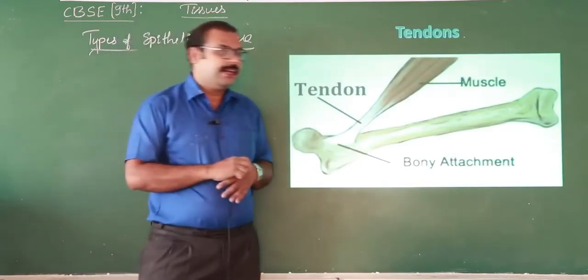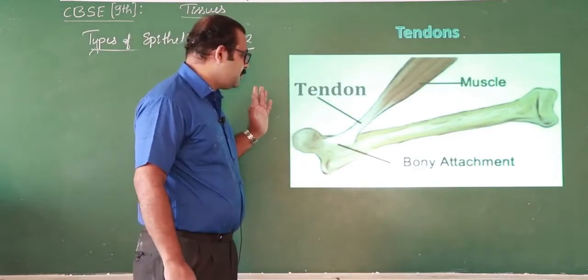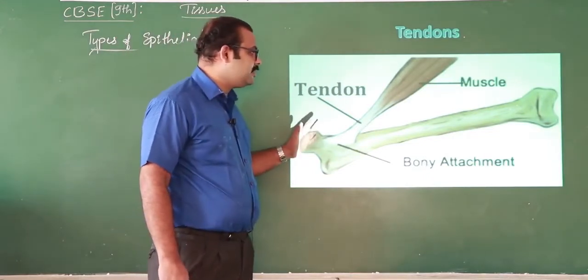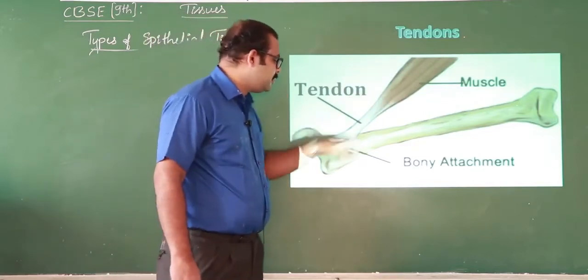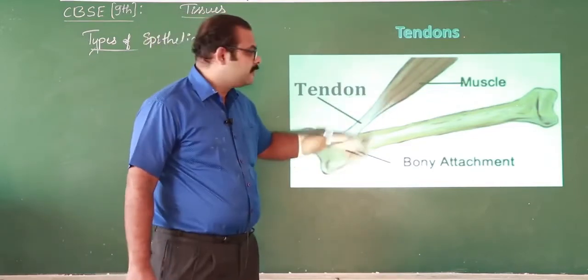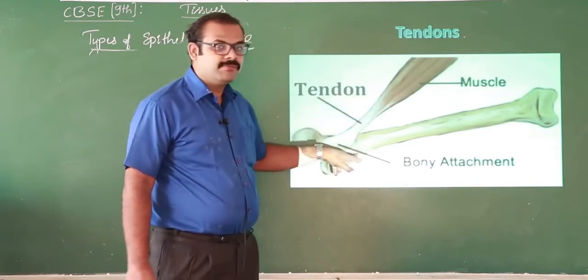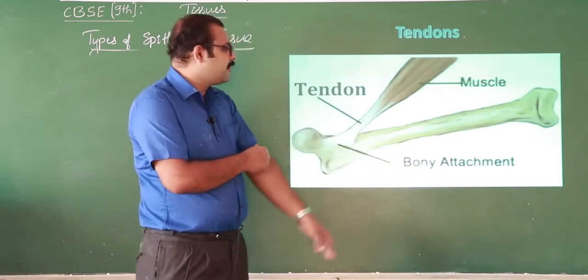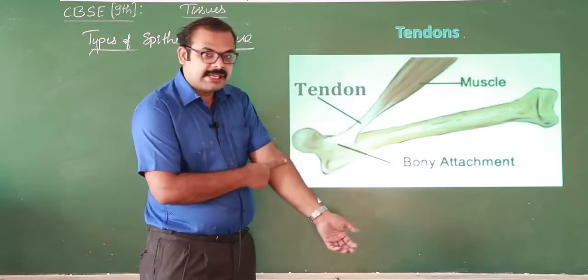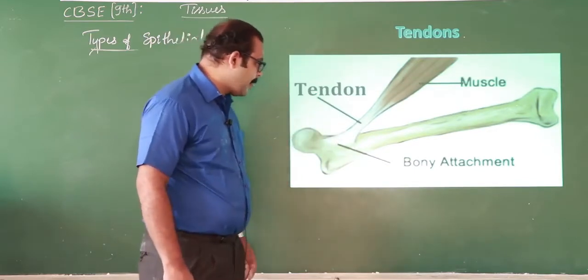Then another one, tendons and ligaments. Here, these are the tendons. They are connective tissue, they connect muscles to the bones. For example, at the regions where the muscles are connected to the bones, you can find the tendons.